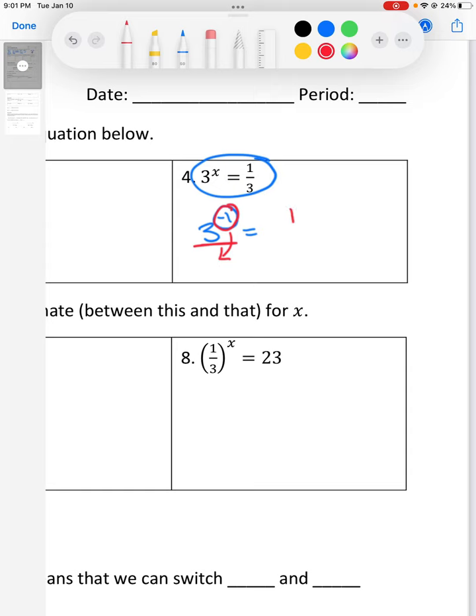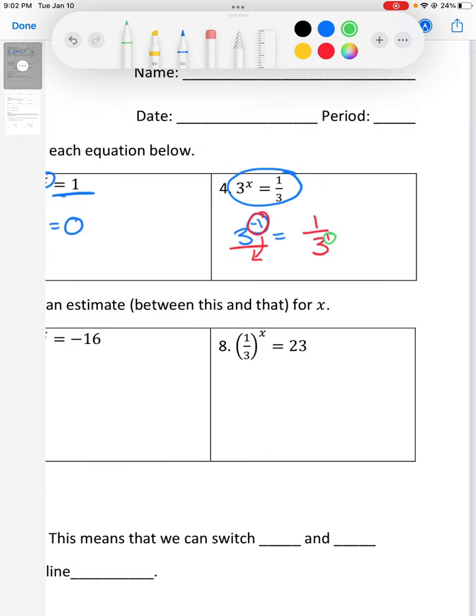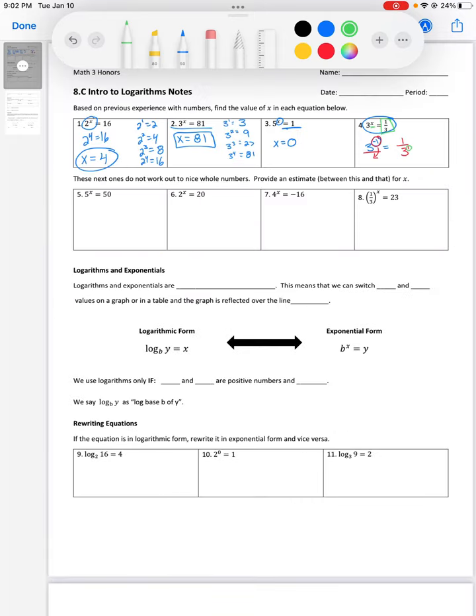So to get rid of the negative, we bring it down to the bottom. And now the exponent is positive. Okay, so that's how we work with negative exponents. So when you have a fraction, it means you have a negative exponent.